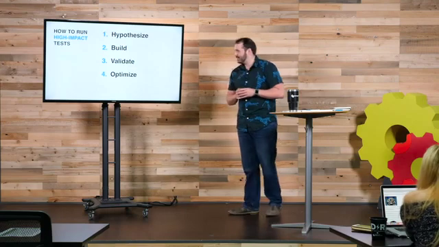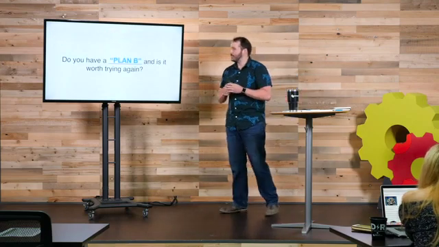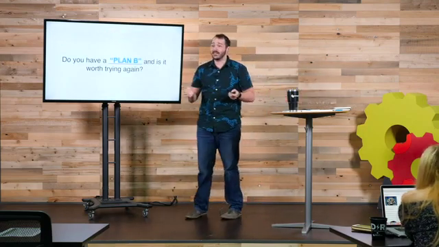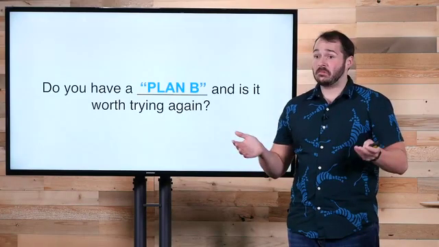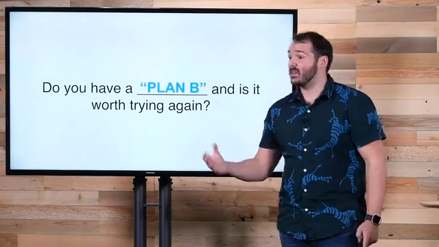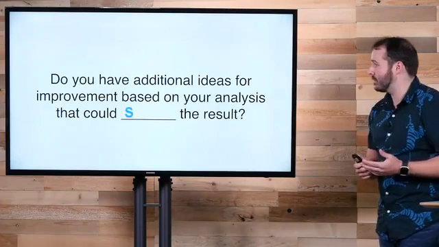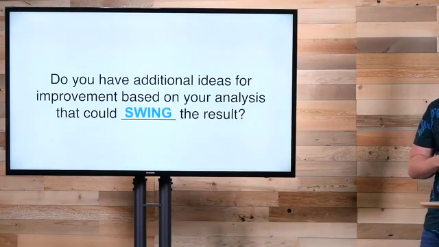Hypothesize, build, validate, optimize. So do you have a plan B, and is it worth trying again? So if something fails, do you have something else to do, or is it even worth doing, right? Another thing to think about is, do you have any additional ideas for improvement based on your analysis that could swing the result?